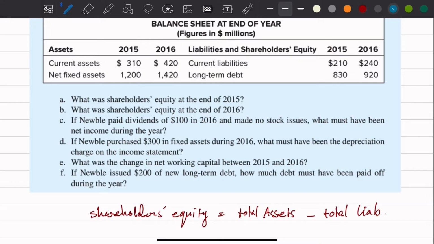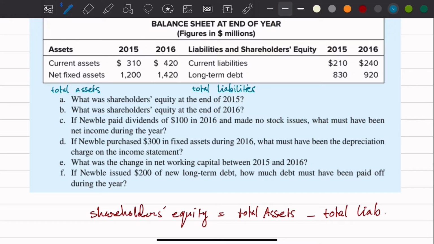I'm going to add an extra line here, just like we've done in the previous exercise, and we'll call it total assets. And here we will add total liabilities. Total assets of 2015.